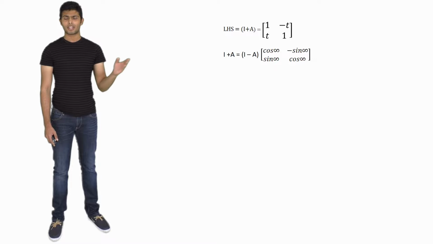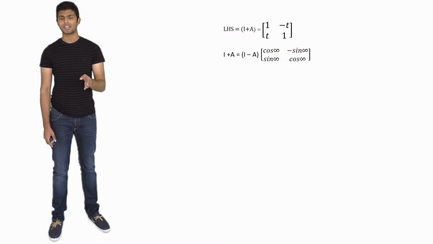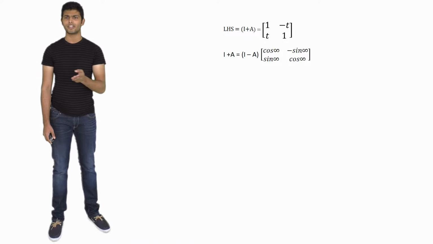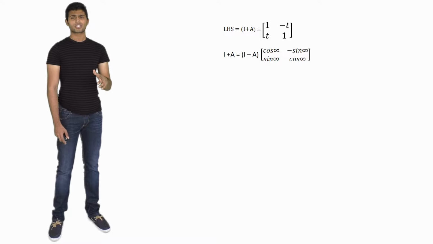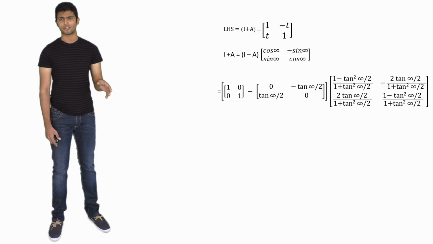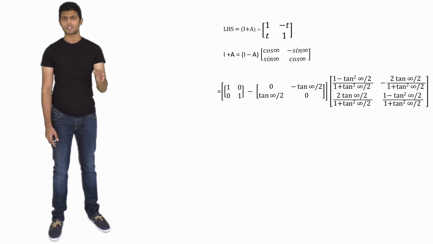So like that, we're going to take the question, which is I plus A is equal to I minus A into the matrix cos θ, minus sin θ, sin θ, cos θ. We're going to substitute all the values which we found earlier into the equation. So it's going to be 1, 0, 0, 1 minus the matrix 0, minus tan θ/2, tan θ/2, 0.